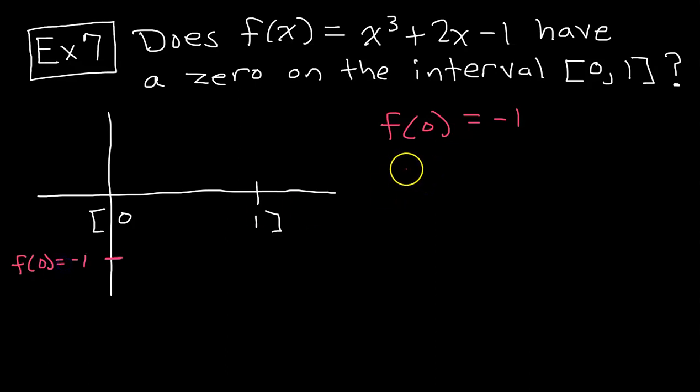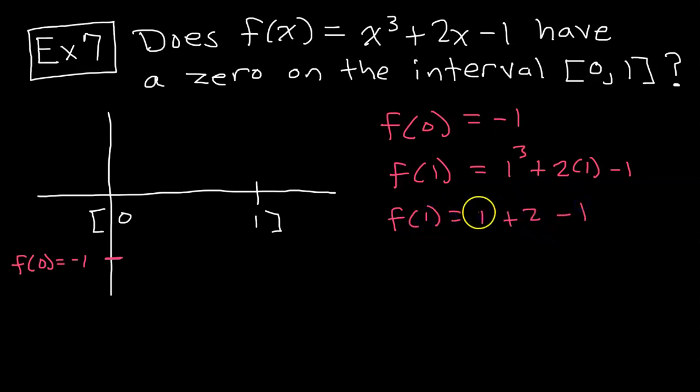All right, now let's take a look at f at 1. If we do f at 1, we're substituting 1 in for all of these x's. So that would be 1 to the third power plus 2 times 1 minus 1. So let's go into that a little bit more. So this would be 1 plus 2 minus 1.